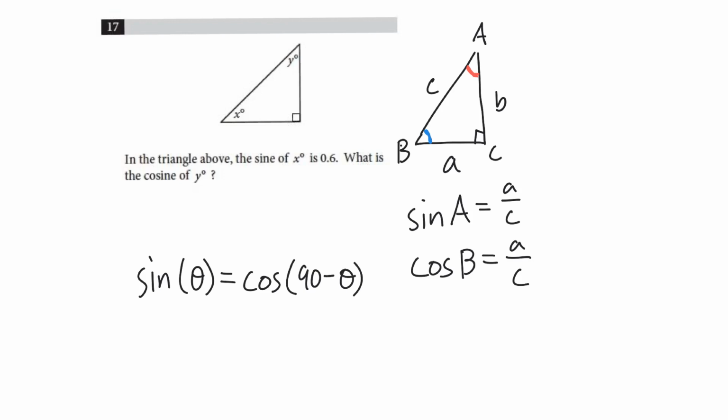So in this particular example, x and y are complements because they are the two angles in a right triangle that are not the right angle, and because of that, sine of one will equal cosine of the other. So the answer to this will be 0.6.